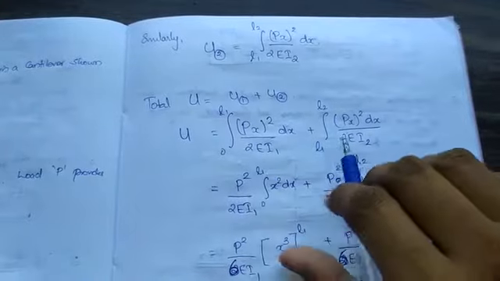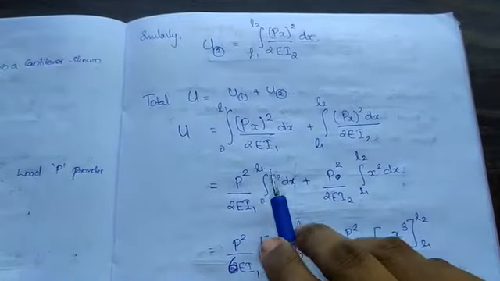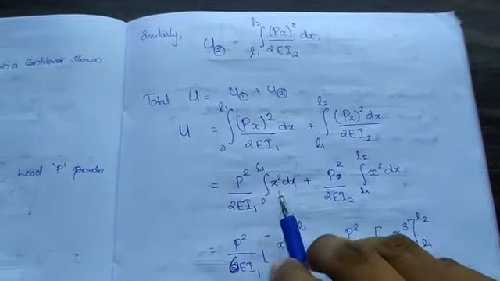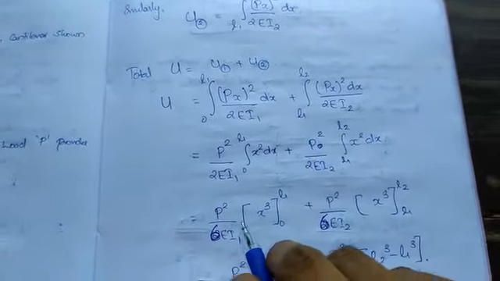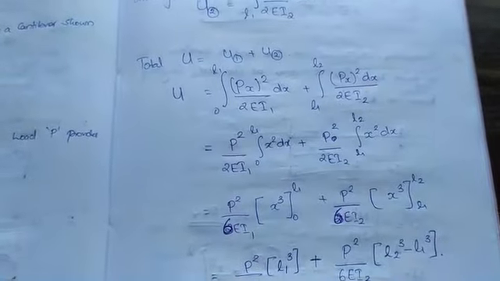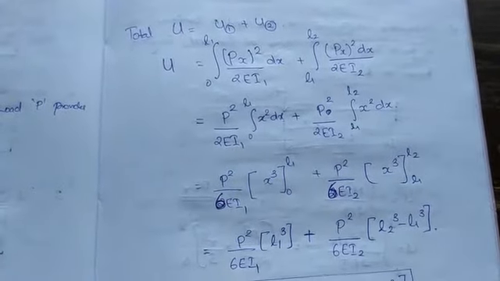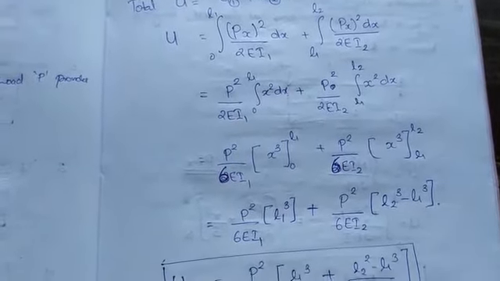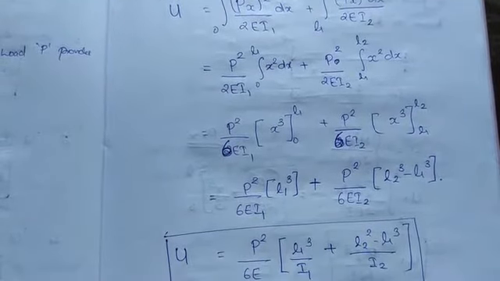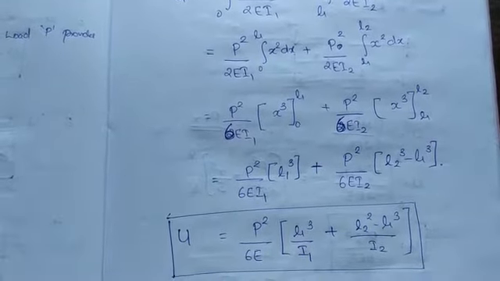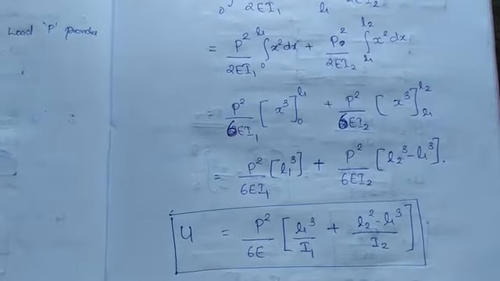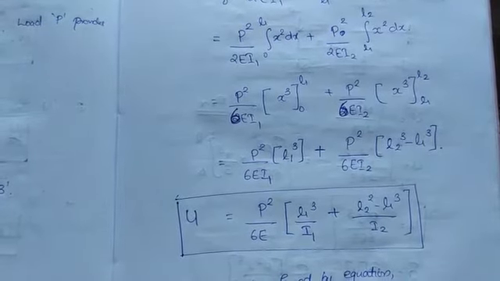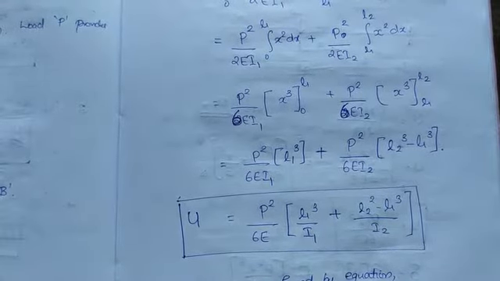You add these two equations and you will get 0 to L1 of x square dx, and L1 to L2 of x square dx, and if you solve this, P square by 6E, the inertia will be different for both terms. You will get a solved equation like this: U is equal to P square by 6E into L1 cube by I1 plus L2 cube minus L1 cube by I2.